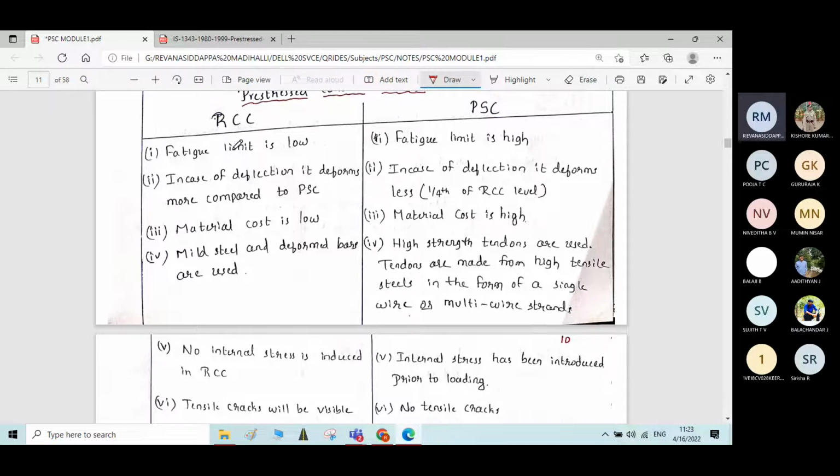Fatigue limit is low for RCC and fatigue limit is high for PSC. What is the meaning of fatigue, students?